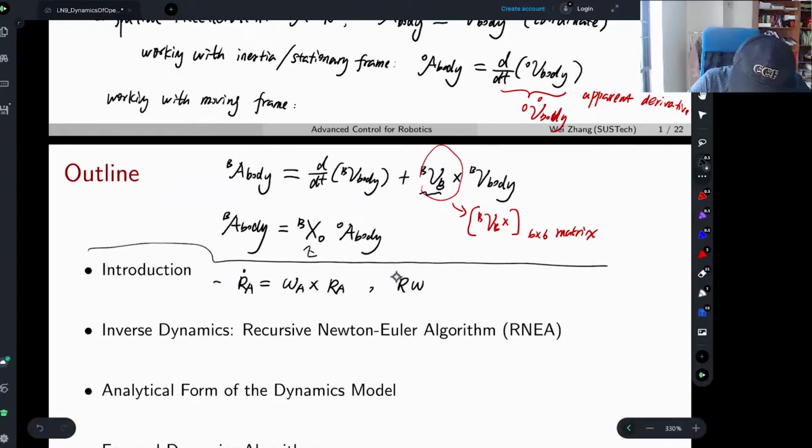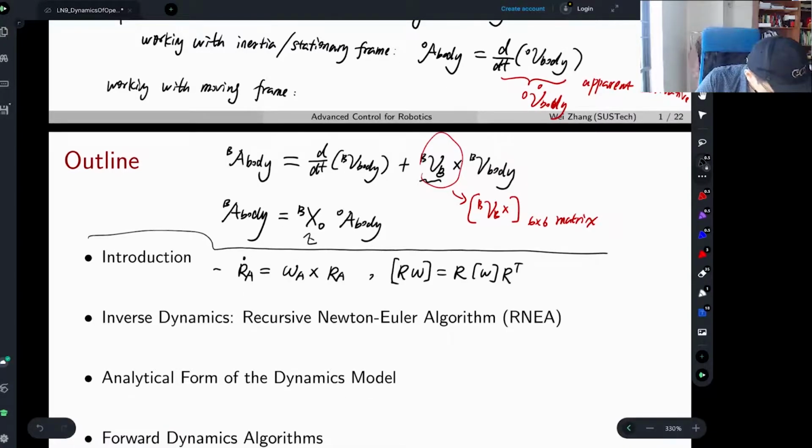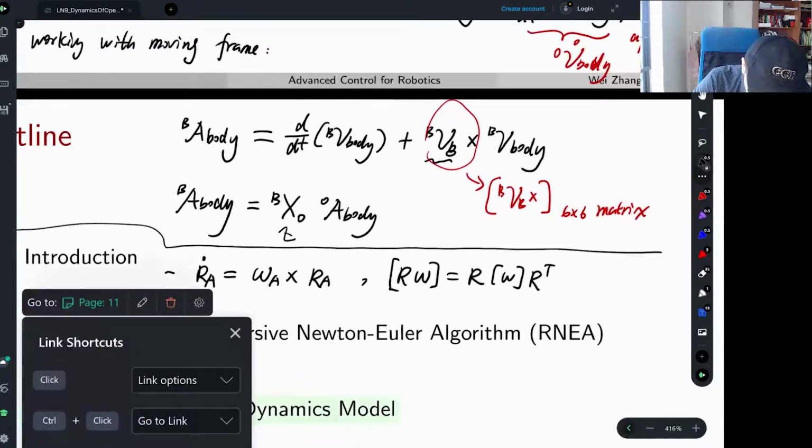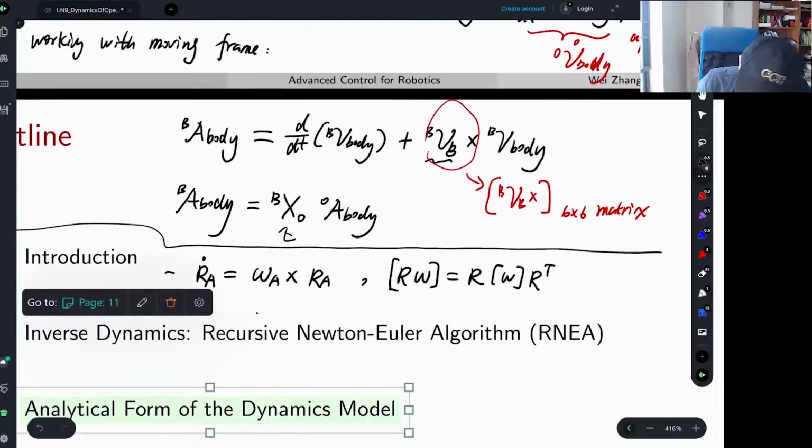R times omega gives me another 3x1 vector. If I take the skew symmetric, I can do that, but I can also take the skew symmetric first, then pre- and post-multiply by R and R transpose. In analogy, what we have here is, let me make it bigger. Sorry. What is it?